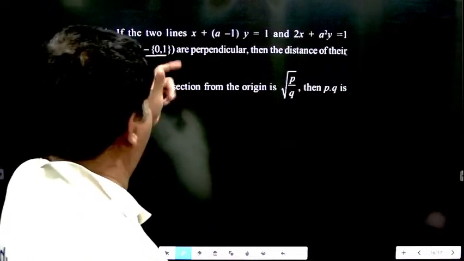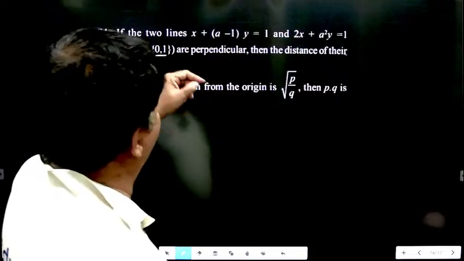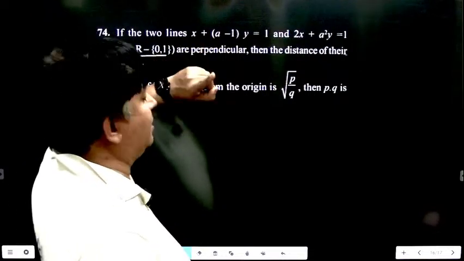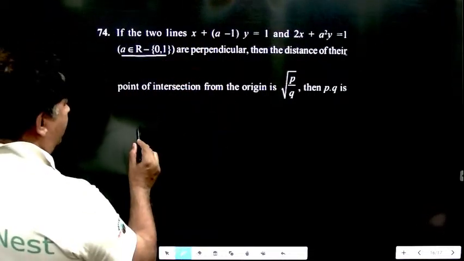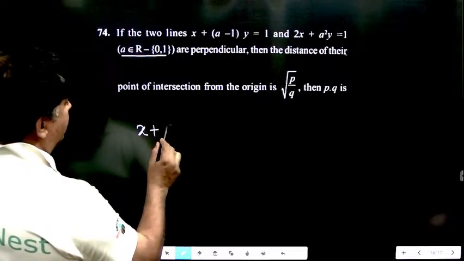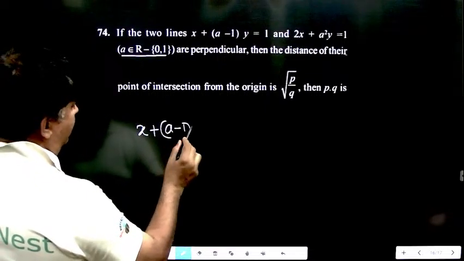Okay, let's see. First of all, you find the slope of the first line, x plus a minus 1 into y.